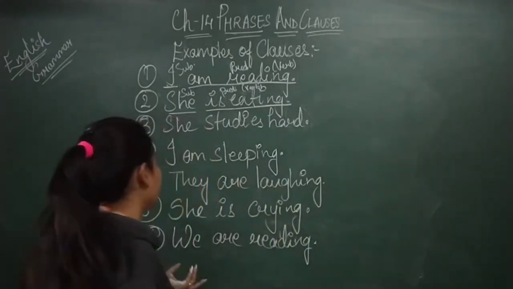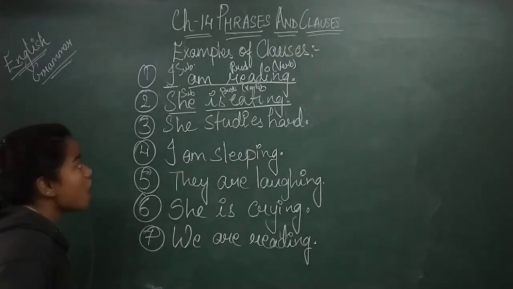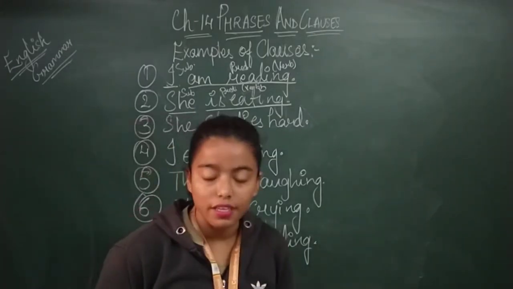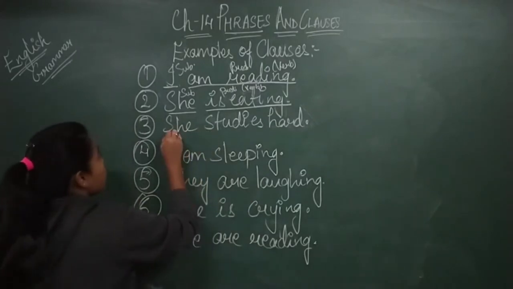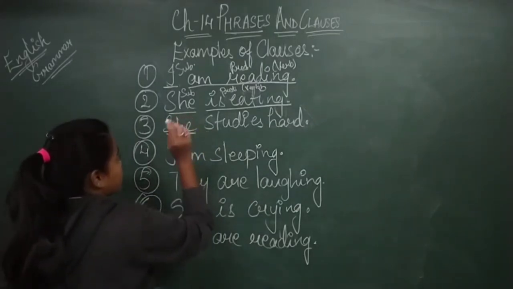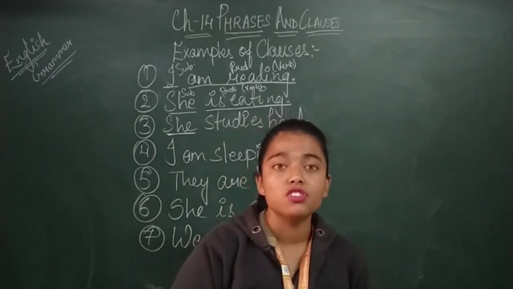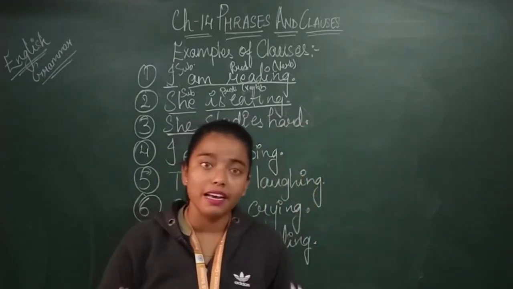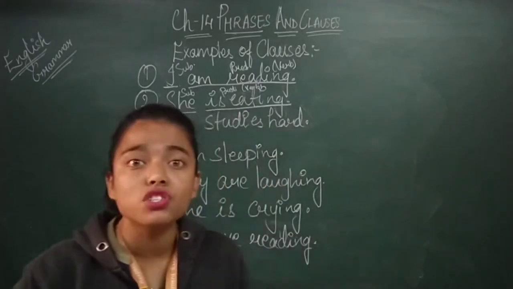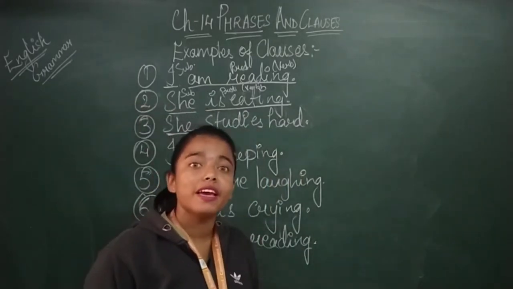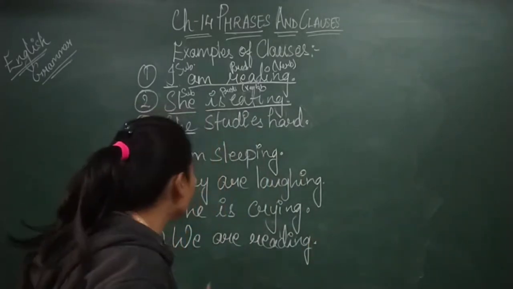She studies hard. As we all know, she is my subject. The person itself is the subject. If I am saying I am teaching, so I is the subject and am teaching is an action word, a predicate also and a verb also.